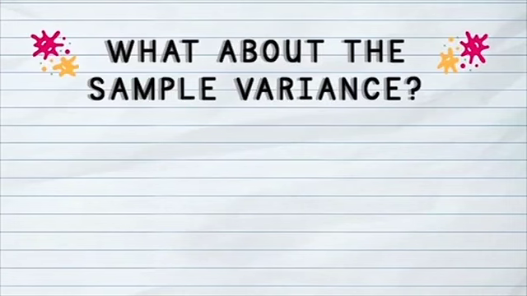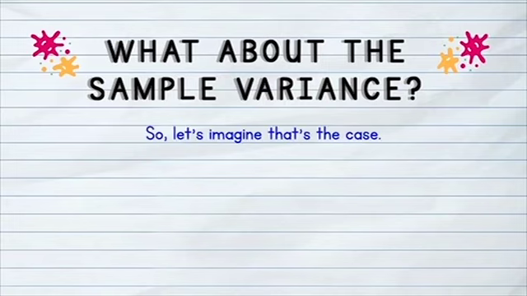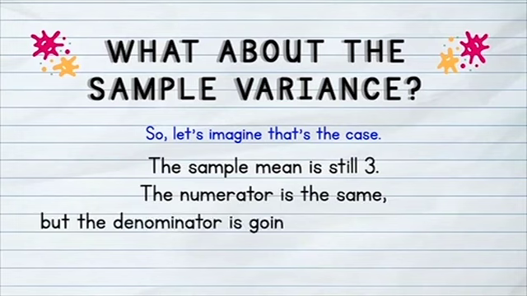This would only be suitable if we were told that these 5 observations were a sample drawn from a population. So, let's imagine that case. The sample mean is once again 3. The numerator is the same, but the denominator is going to be 4 instead of 5.